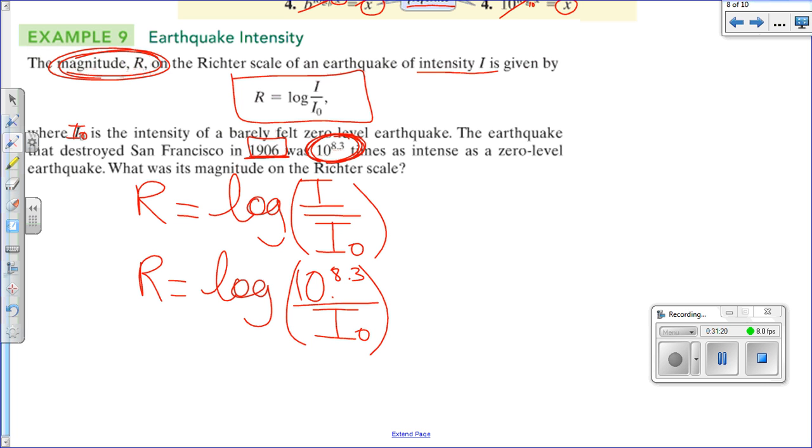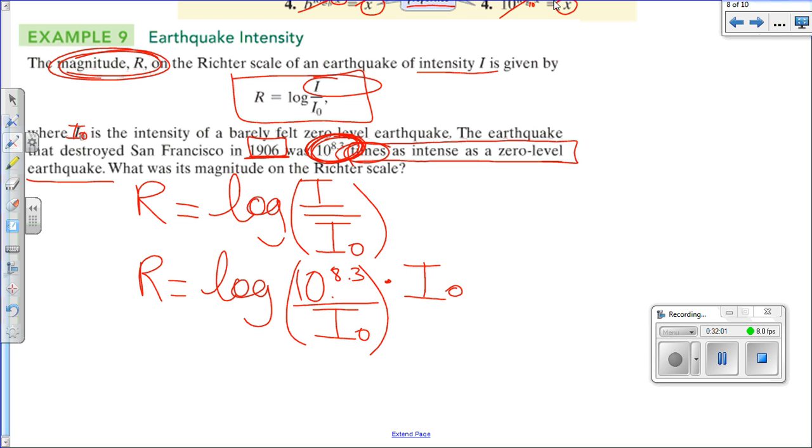So one of the things that we have to do is multiply this part by I sub 0 because of the statement that we have here. The earthquake that destroyed San Francisco in 1906 was 10 to the power 8.3 times, so that implies multiplication, as intense as a zero level earthquake.